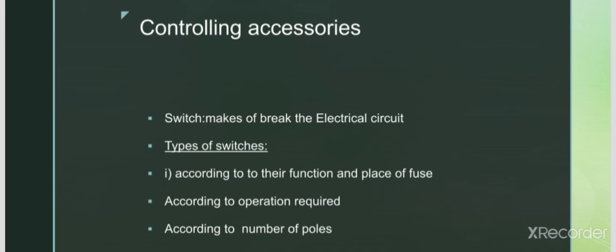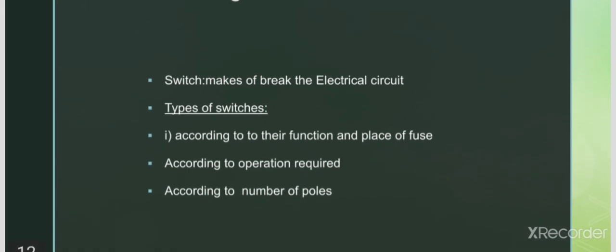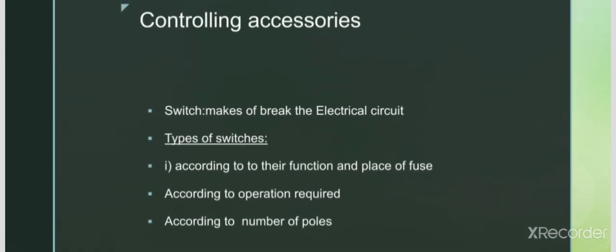The next classification is according to the operation required: one-way switches, two-way switches, two-way center-off switches, intermediate switches. Next classification is according to the number of poles: single pole switches, double pole switches, triple pole switches.